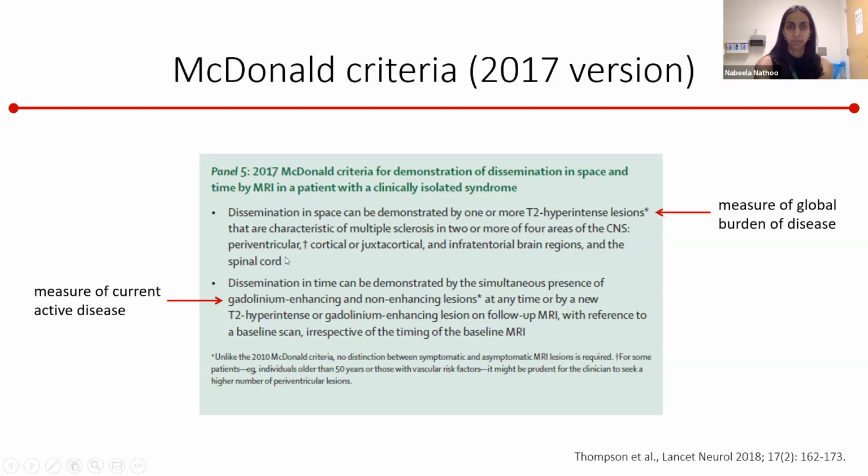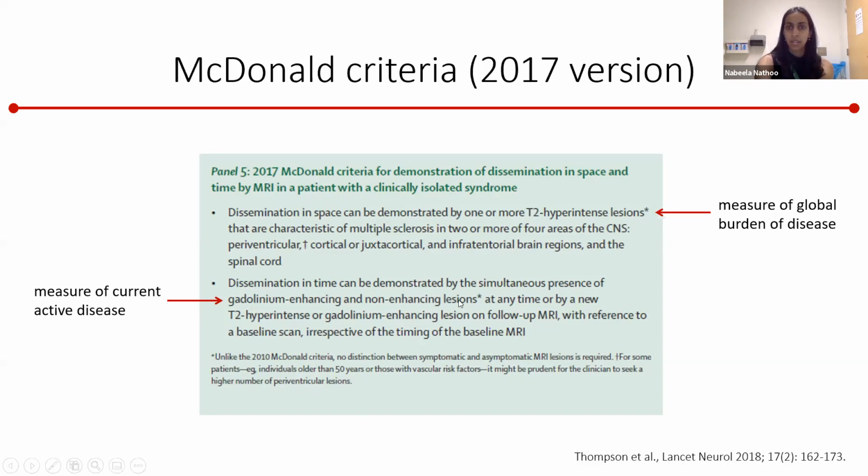These include periventricular, cortical or juxtacortical, so just abutting the gray-white matter boundary, infratentorial, and spinal cord.